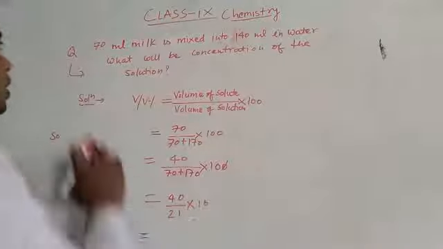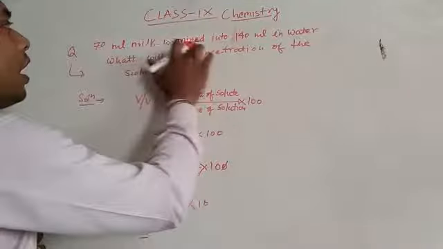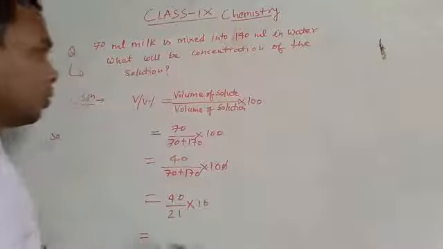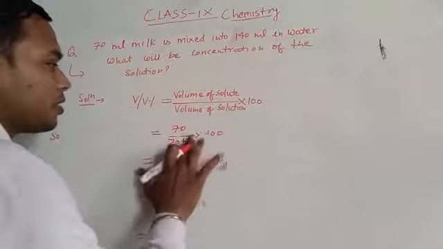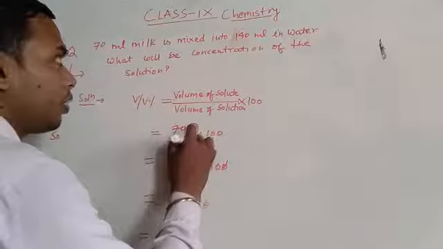After correction, it is 70 ml milk mixed into 140 ml water. So it will be written as 70 plus 140 ml.